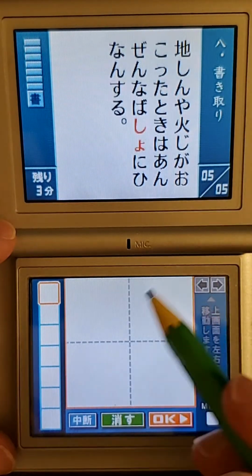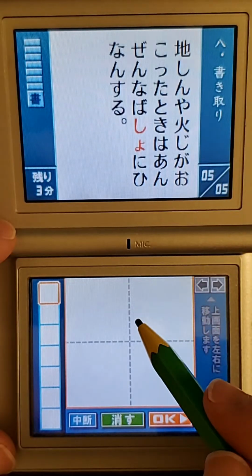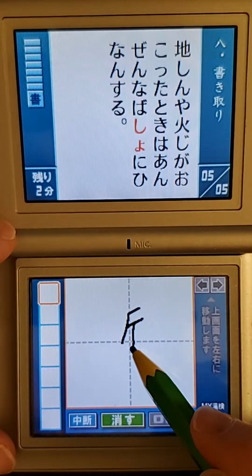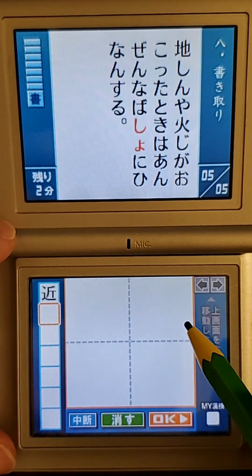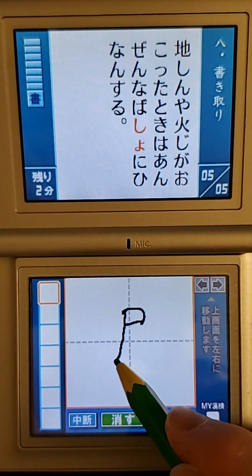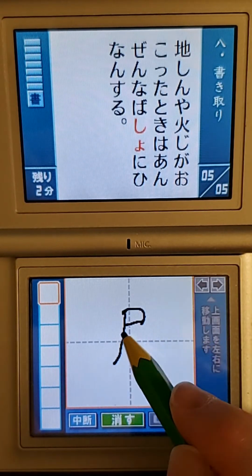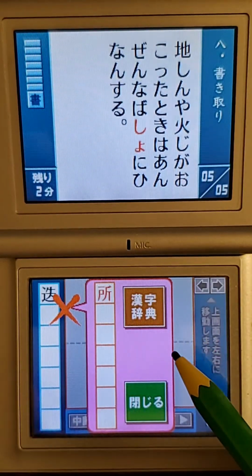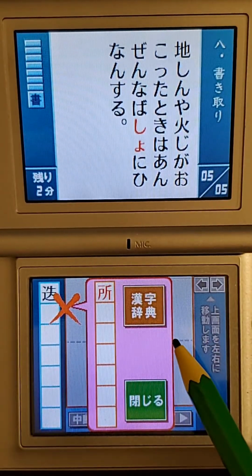Basho. And Tokoro. I know it's like something like that. No, it's got something like that. Oh yeah, I was getting there. It was close.